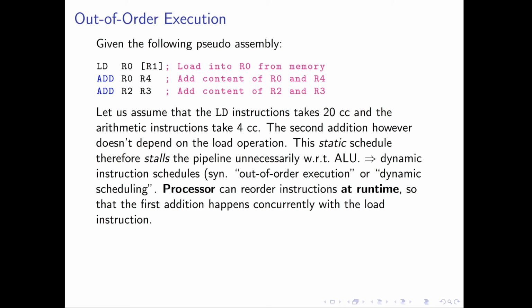What we also can assume is, this is again an example, but it's quite often the case that memory movement has higher latency than arithmetic, and let us just assume, for the sake of the example, that there's a 20 clock cycles latency for the load instruction and a 4 clock cycles latency for the add instruction, and that means when performing those two instructions with the data dependency, we're stalling the pipeline.